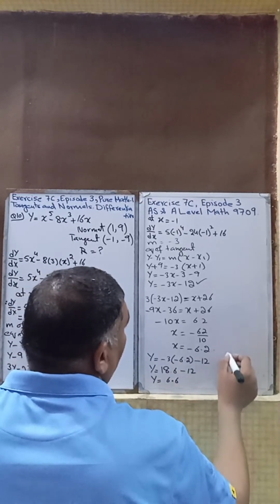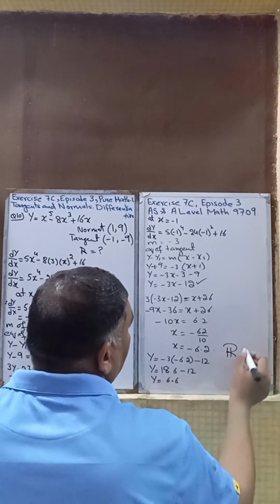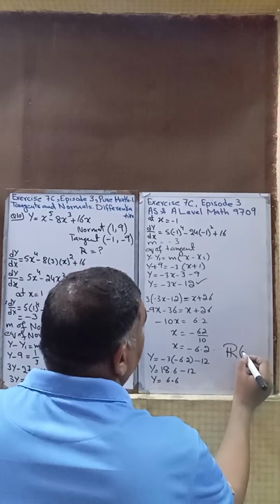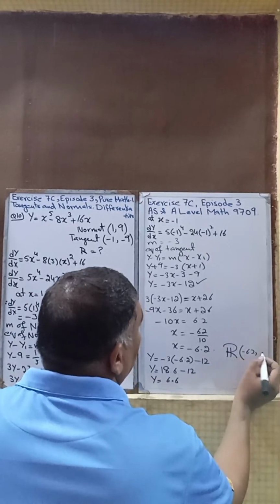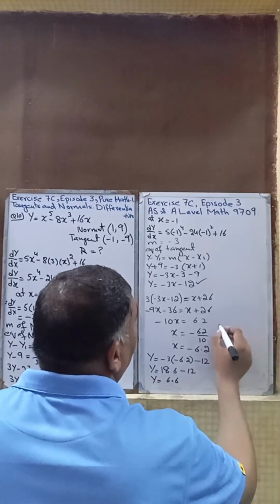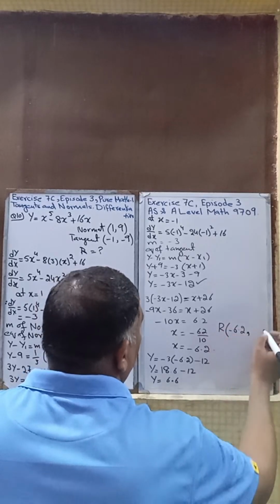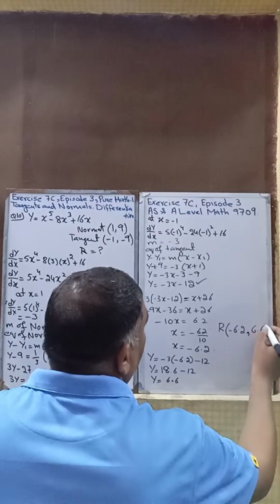So the coordinates of the point R are: the x value is minus 6.2, and the y value is 6.6. So R is minus 6.2 comma 6.6.